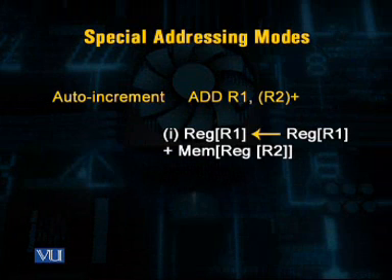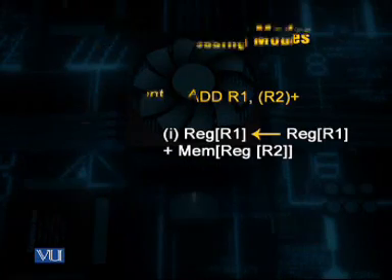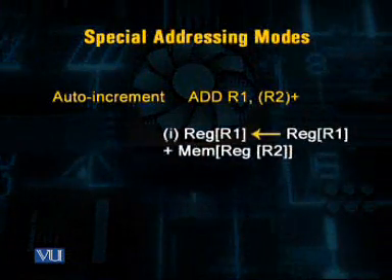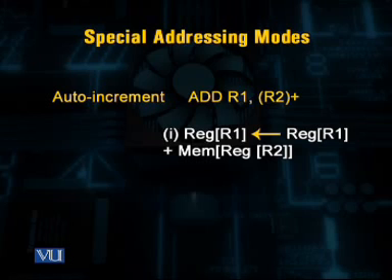But at the same time, after performing this operation, a value equal to D, which is the size of the data, is added to the contents of the register R2, and it gives us the next location from which the next operation is to be executed. So this is indeed a method which is used for auto increment purposes.